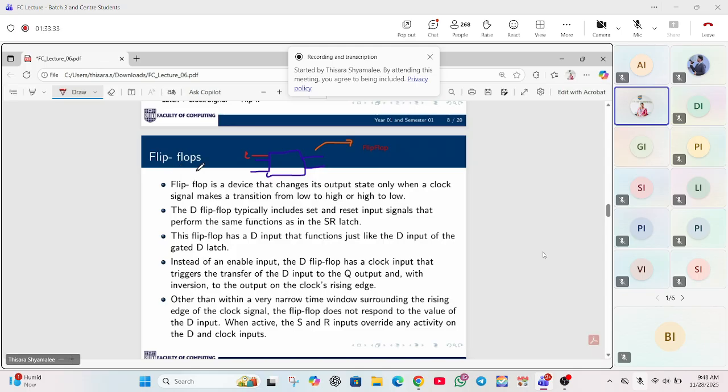I don't know why, but there are no points regarding this enable. I see, but the flip-flop is just like a normal storage system, except it uses a clock to enable and disable it. Yes, storage, right? Okay.